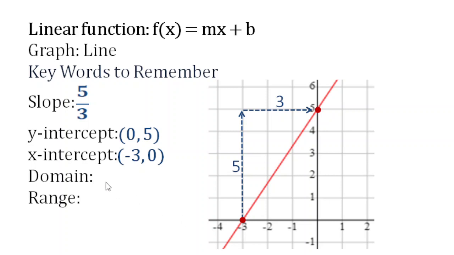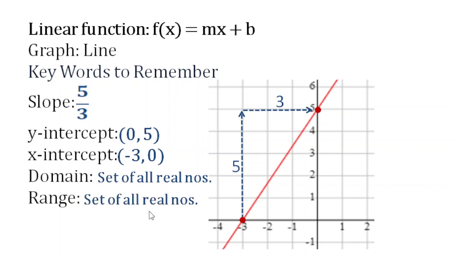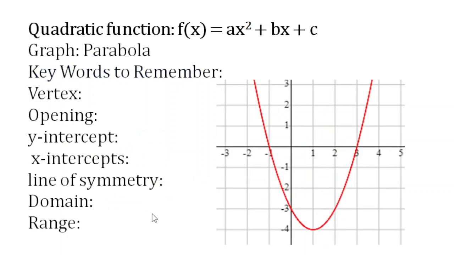Now, the domain, so values of x. So for linear function, the domain is always the set of real numbers, and range, the values of y, is also the set of real numbers.